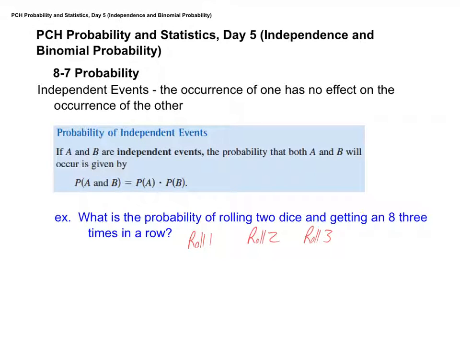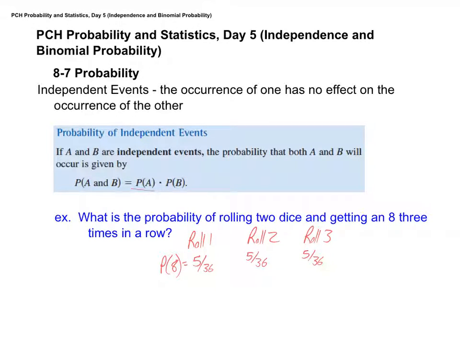So, the probability of getting an 8 the first time, we just said, is 5 out of 36. What's the probability of getting an 8 the second time? 5 out of 36. And the third time it's 5 out of 36.